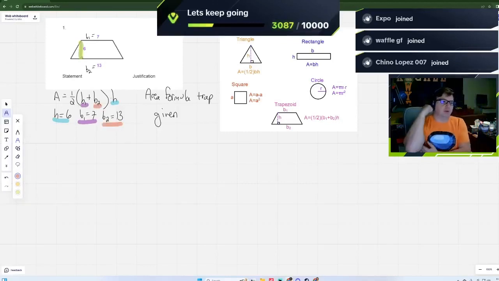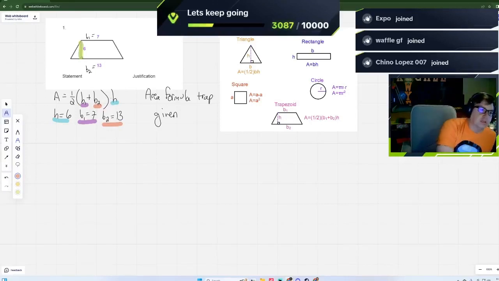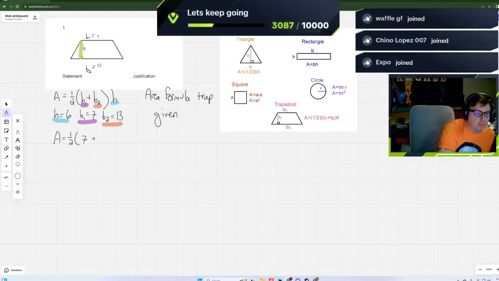So these are the three numbers that need to get plugged in for our variables. So instead of B1, B2, and H, we're going to use 7, 13, and 6. So that when we rewrite it, we're going to have area equals 1/2 (7 plus 13) times 6. And this is what we call substitution.